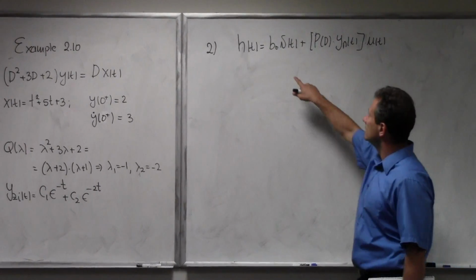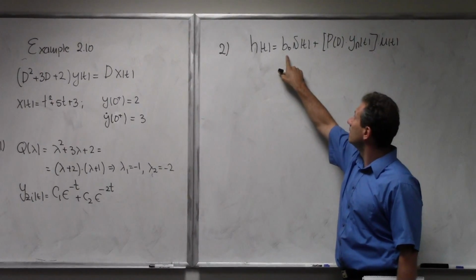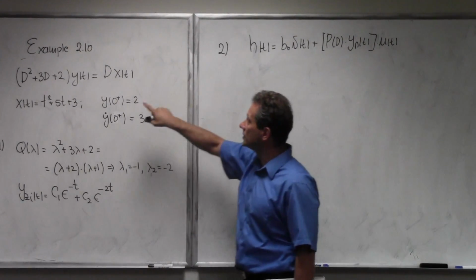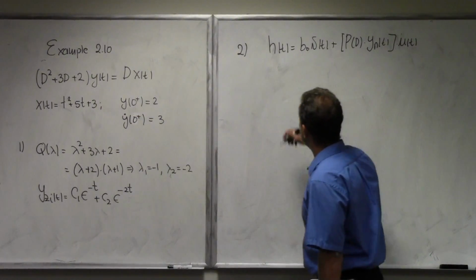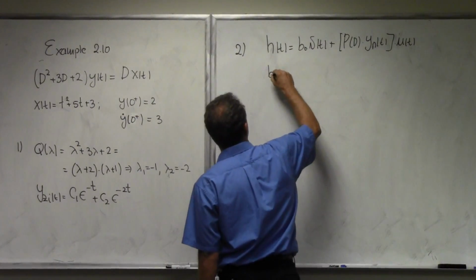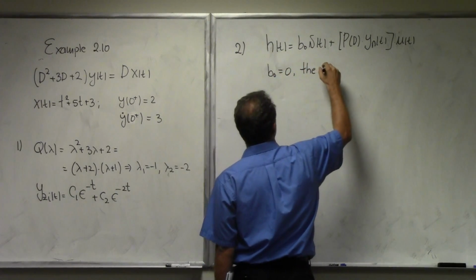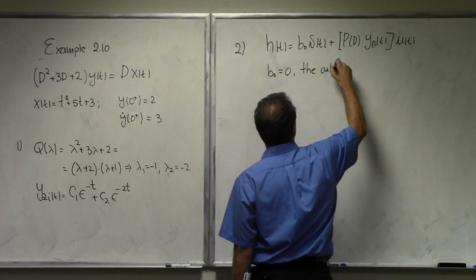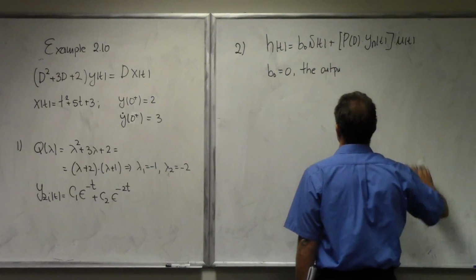B0 is the coefficient on the right hand side, the nth order coefficient in P of D. In this case, B0 is equal to 0, so the impulse response doesn't have delta pulses.